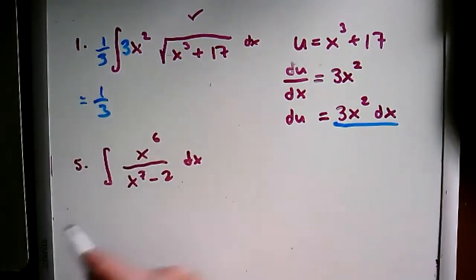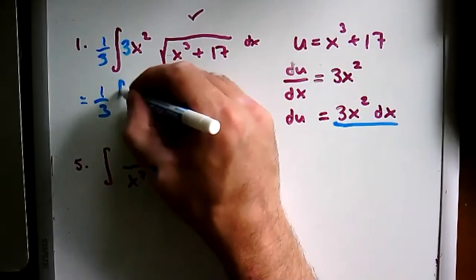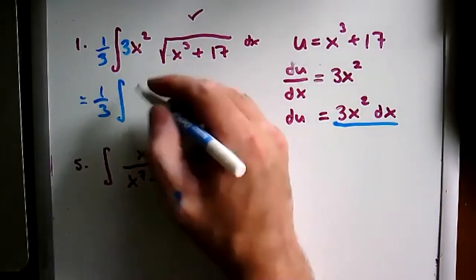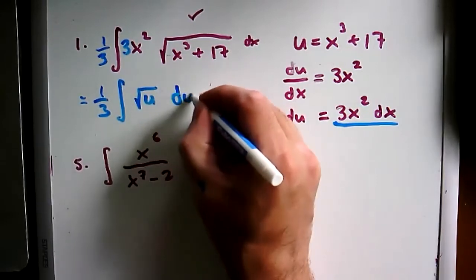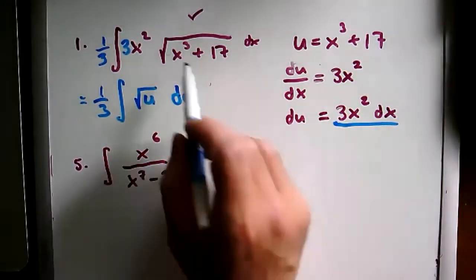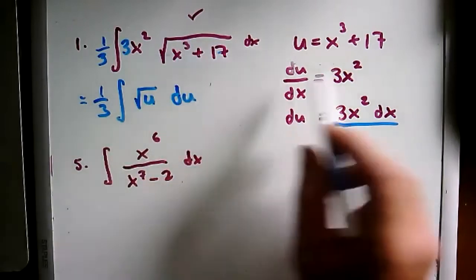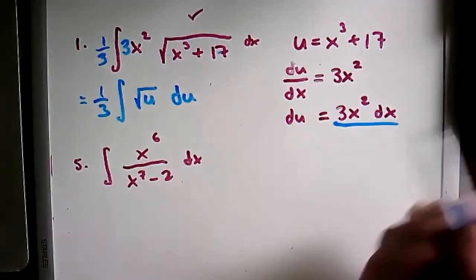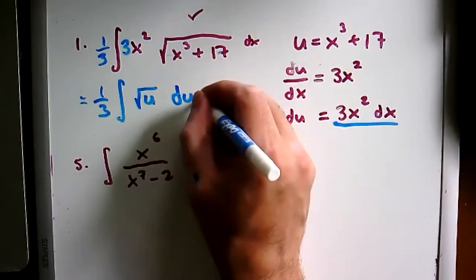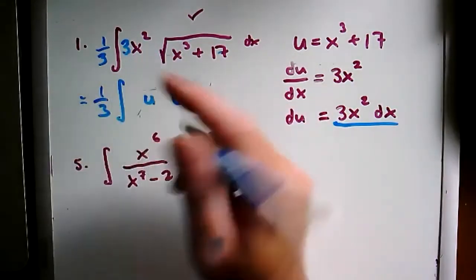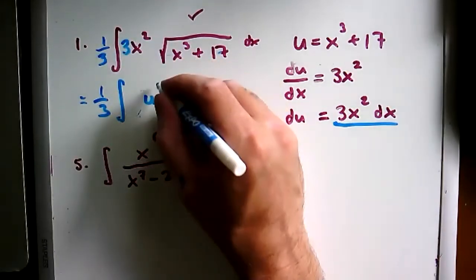We still have that 1/3 outside, that's important, times the indefinite integral of the square root of u du, right? So square root of x cubed plus 17 turned directly into square root of u, and the 3x squared dx turned into du.